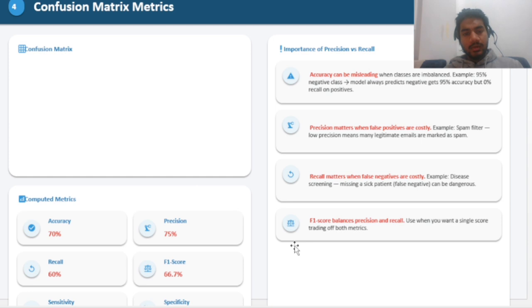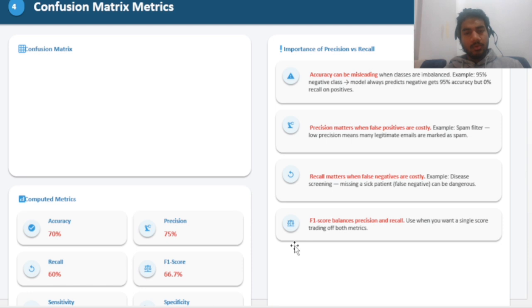From this we calculate accuracy, precision, recall, specificity, F1 score, type 1 error and type 2 error, whose values are accuracy 70%, precision 75%, recall 60%, specificity 80%, F1 score about 66.7%, type 1 error 20%, and type 2 error 40%.